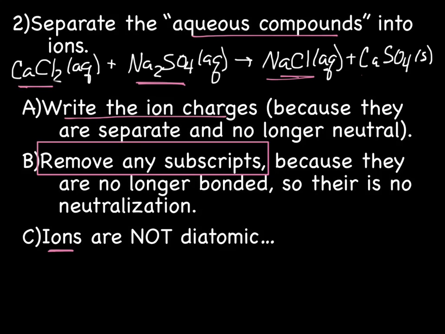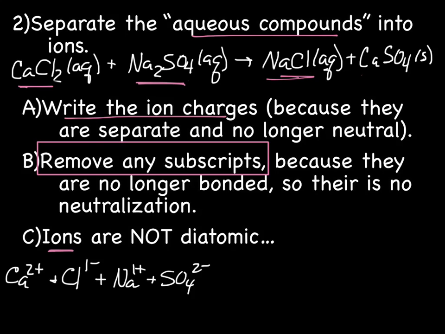So the aqueous solution of CaCl2 becomes the ions Ca2+ and Cl1-. Again, there is a charge there, no subscript. We also have the aqueous solution Na1+ and SO4 2-.